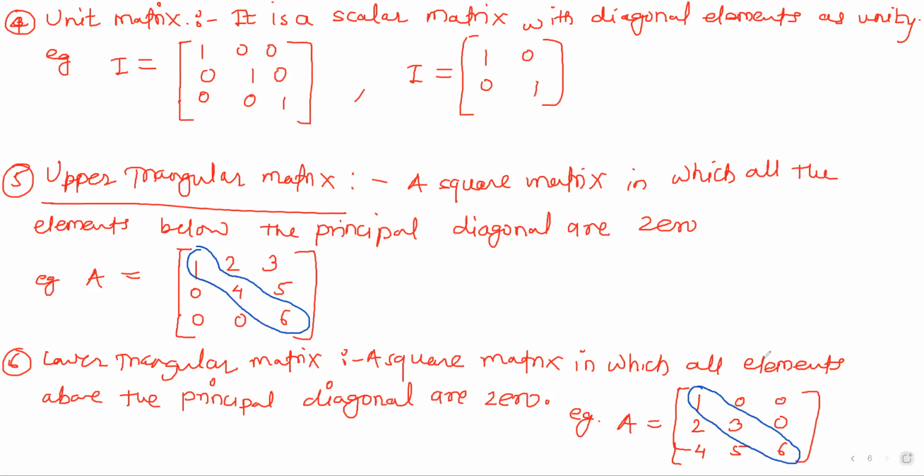Next type of matrix is column matrix and row matrix. I think this is very easy. A matrix having only one column is a column matrix.